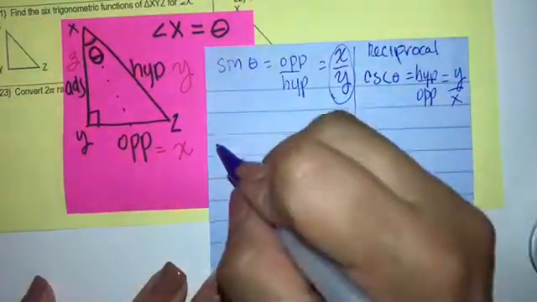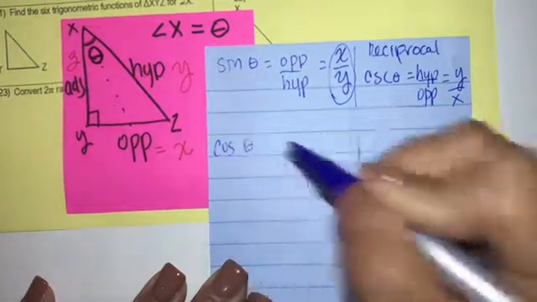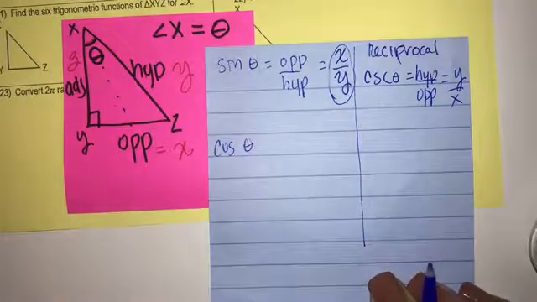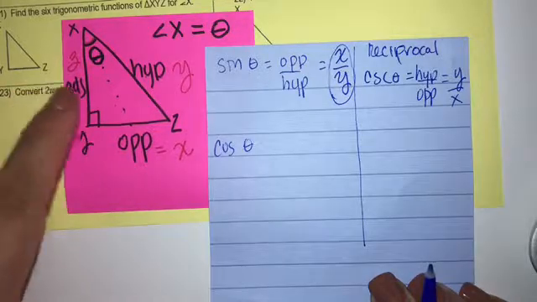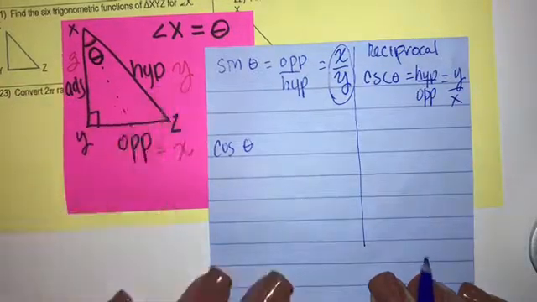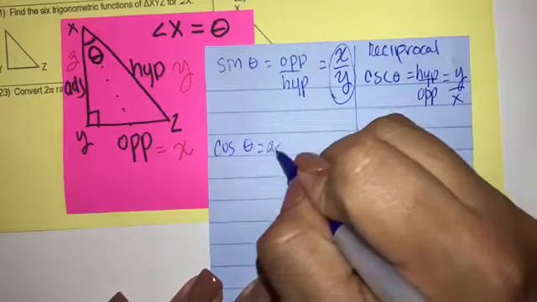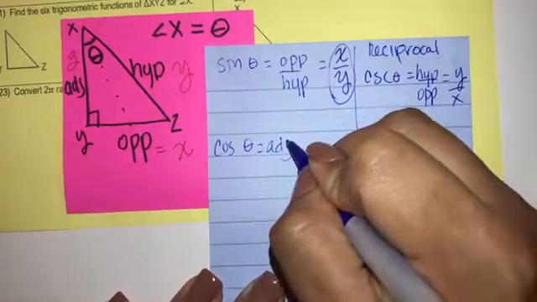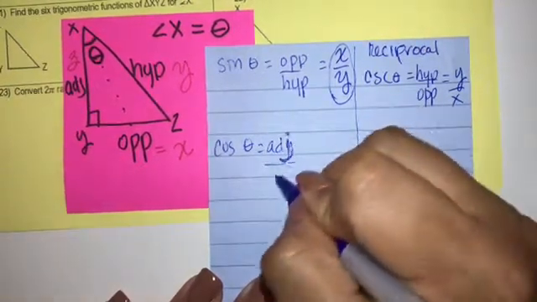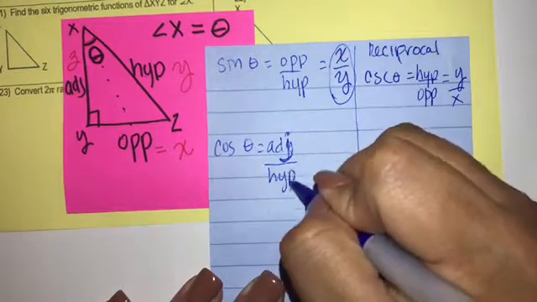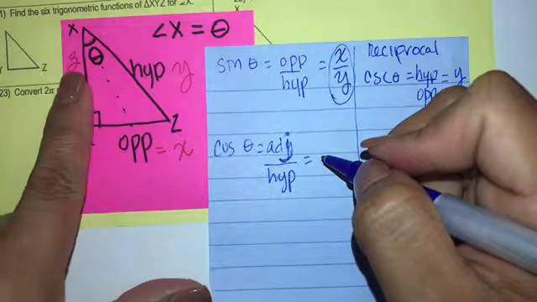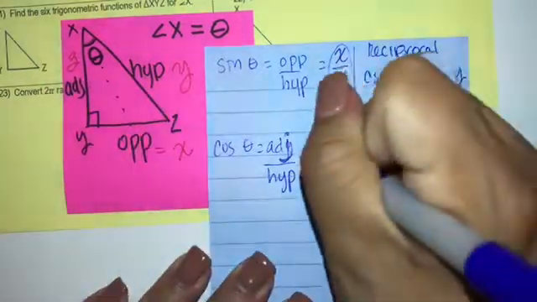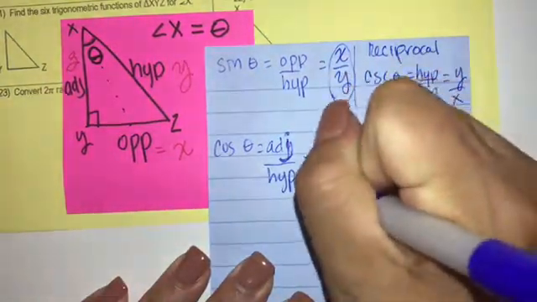And then you have cosine of theta. So again, cosine is going to be adjacent over hypotenuse. So you have little z over y.